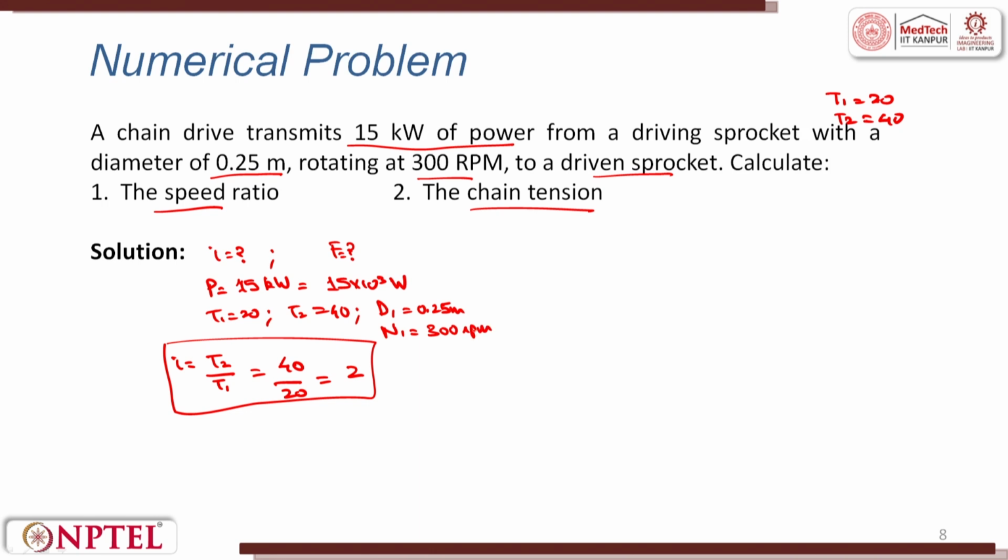Now, to calculate the chain velocity, V is equal to pi D1 N1 by 60. This is equal to pi into 0.25 into 300 by 60, which is equal to 3.927 meters per second. We have gotten the value of V.